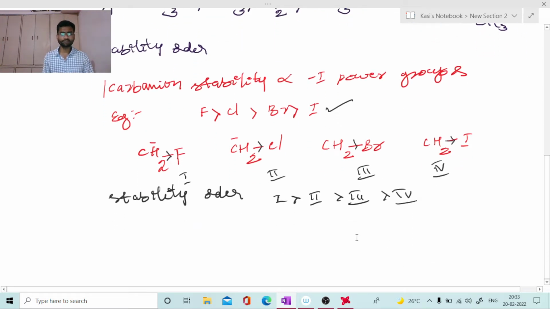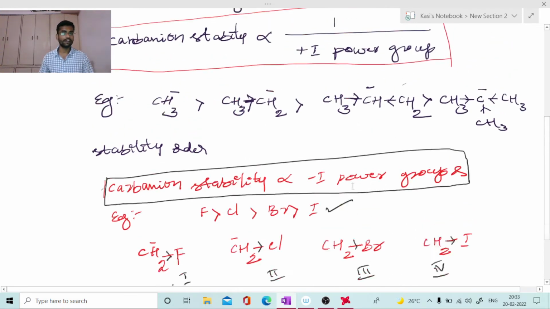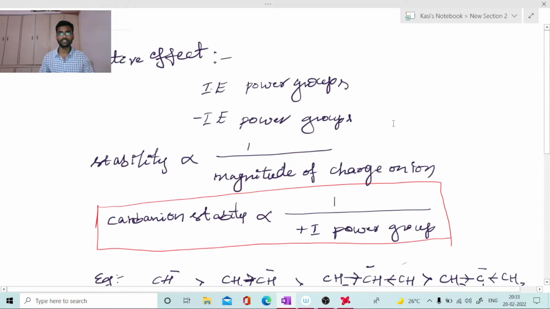Because of the minus I power of the group. You have to remember this, it is the most important. Generally they can ask directly, or they can ask indirectly by giving some compounds, and ask how the stability is affected by the inductive effect.